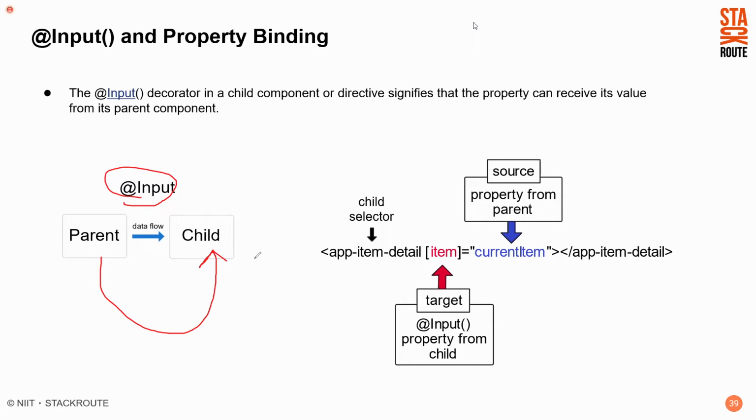If you are calling the child in your parent, you will call the respective tag, the child component name, followed by the target name and your item property from the parent, and you will pass it via property binding. That is why we are using square brackets, and you will give a unique key. This key you will capture in your child with the help of @Input.